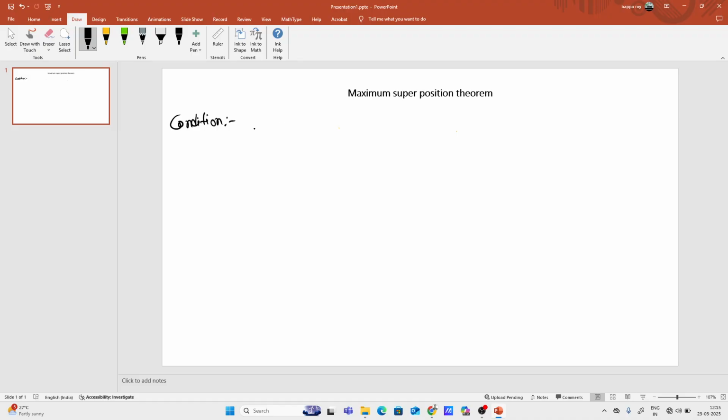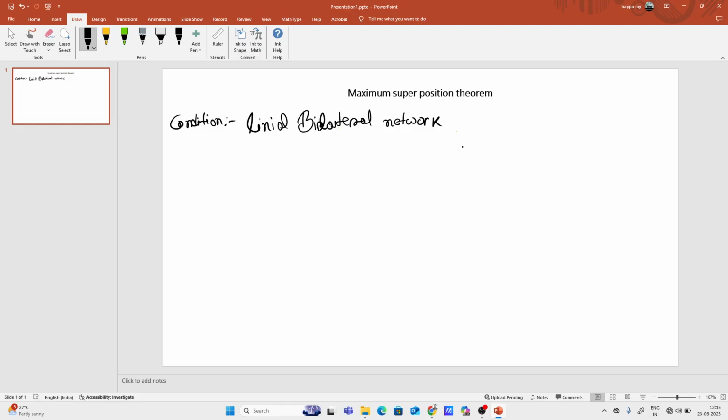Linear bilateral network. We can apply this theorem on a linear bilateral network.